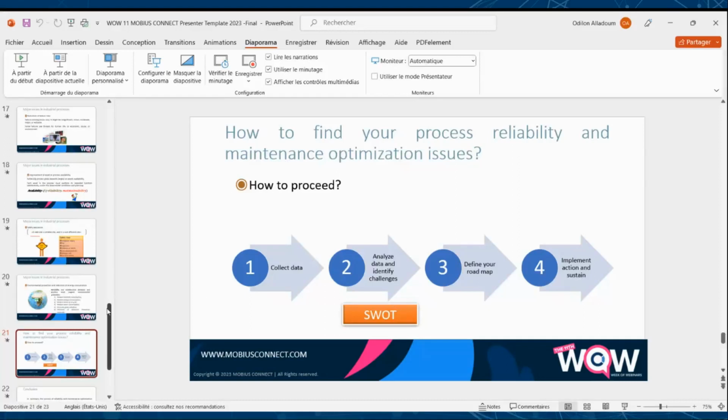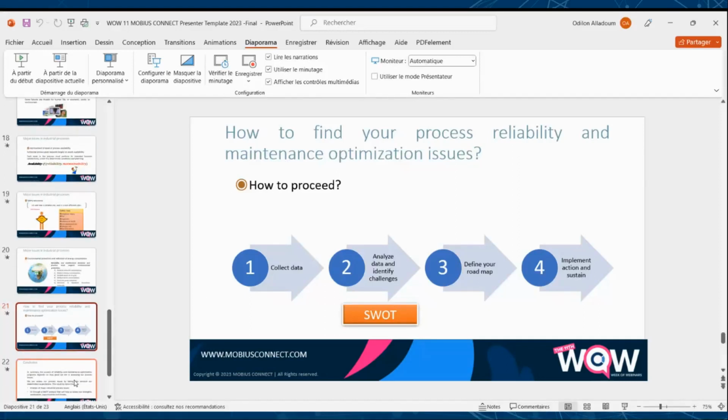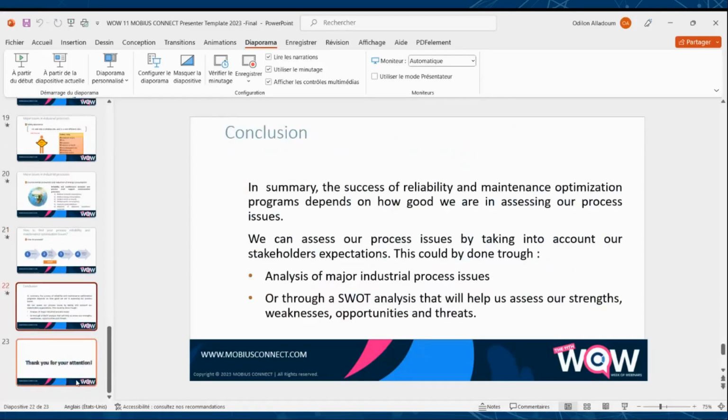So we have finished with the presentation, but it is important to know that the success of a reliability and maintenance optimization program depends on how good we are at assessing our process issues. We can assess our process issues by taking into account our stakeholder expectations.